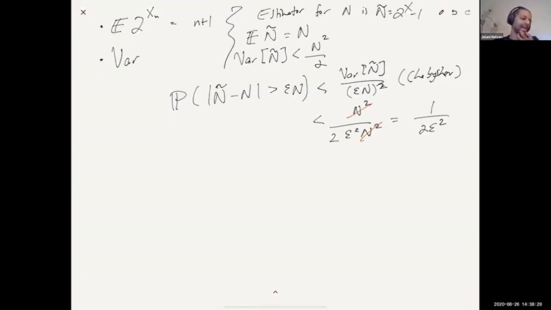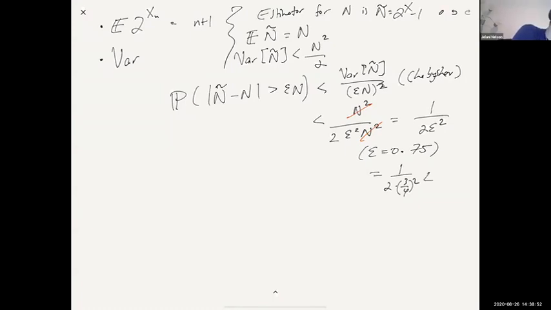If I set epsilon, let's think of epsilon as being like maybe 0.75. Then this is equal to 1 over 2 times 3/4 squared, which at least is less than 1, I think. Is it less than 1?